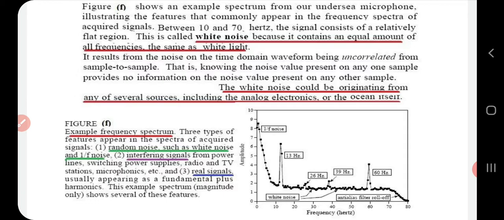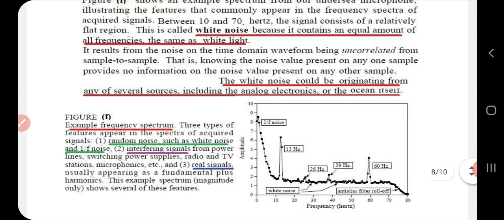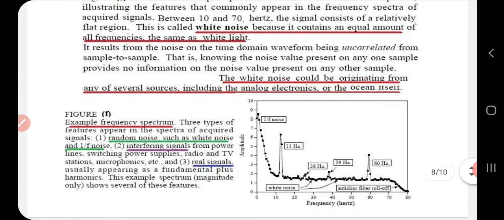Here we can see random noise, or white noise, and this is mainly seen between 10 and 70 hertz. It is called white noise because it contains equal amounts of all frequencies, similar to white light. It arises from noise in the time domain, and it will not have any relation from one sample to another.